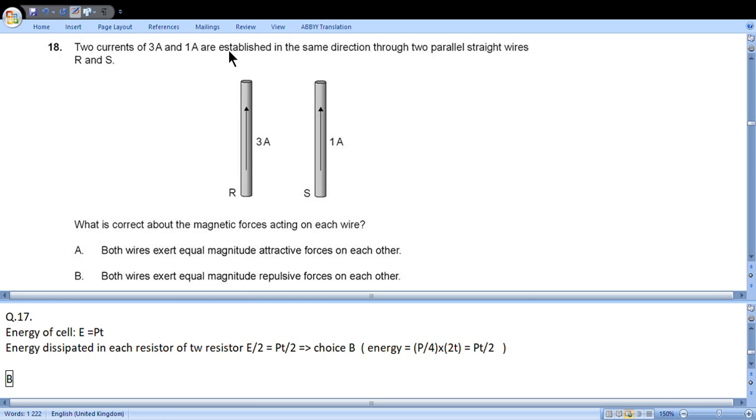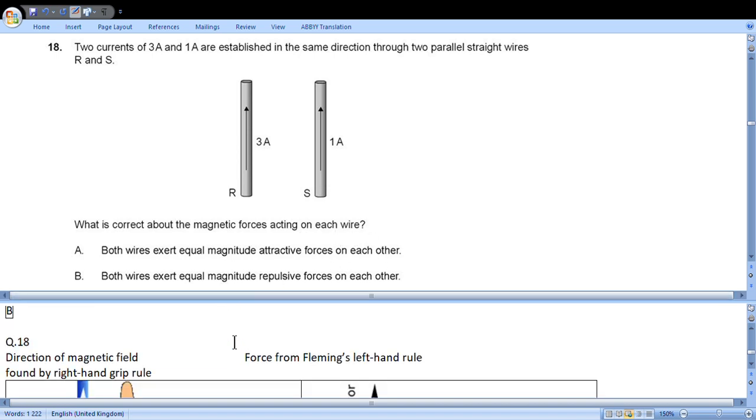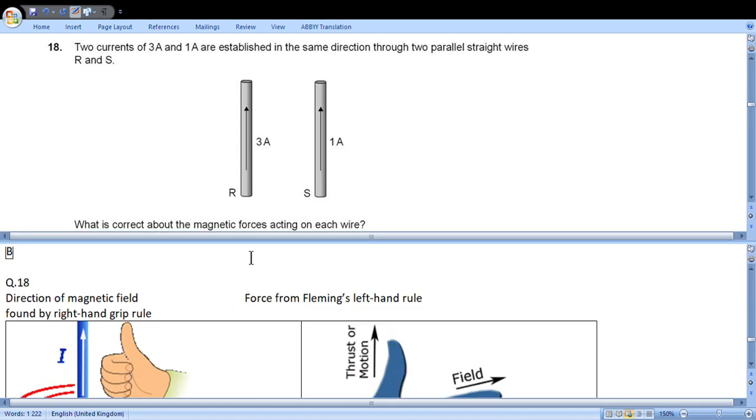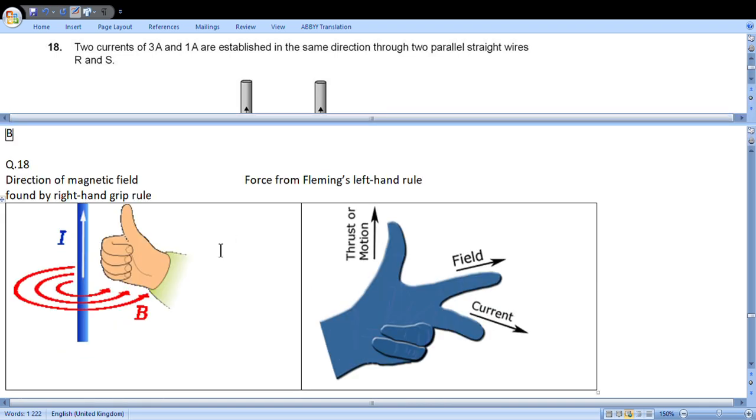Two currents, 3 amperes and 1 ampere, are established in the same direction through two parallel straight wires R and S. What is correct about the magnetic forces acting on each wire? First of all, we should find the direction of the magnetic field by the right-hand grip rule, and then from Fleming's left-hand rule we can find the direction of force. First finger along field, second finger along conventional current, then the thumb will be the push, the thrust.